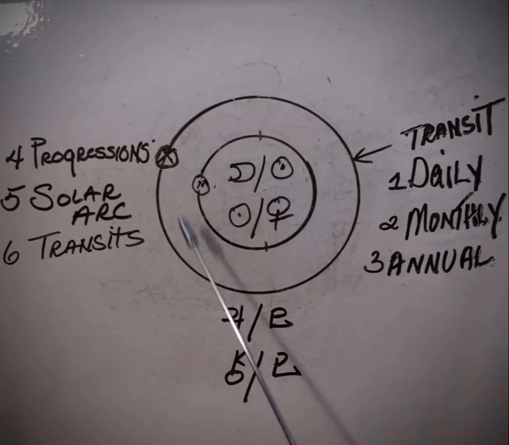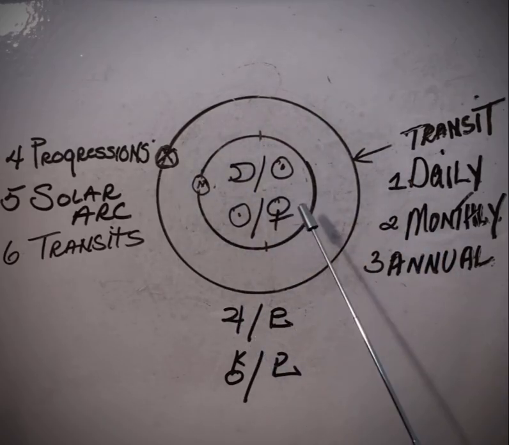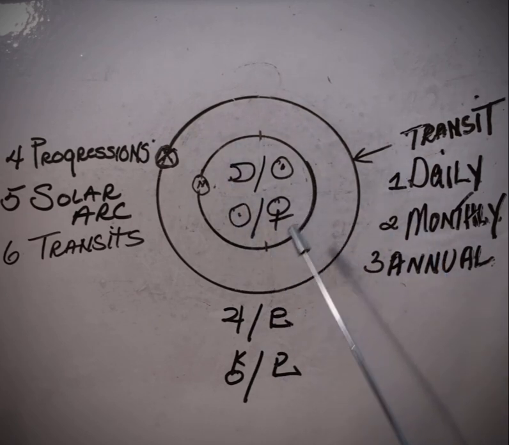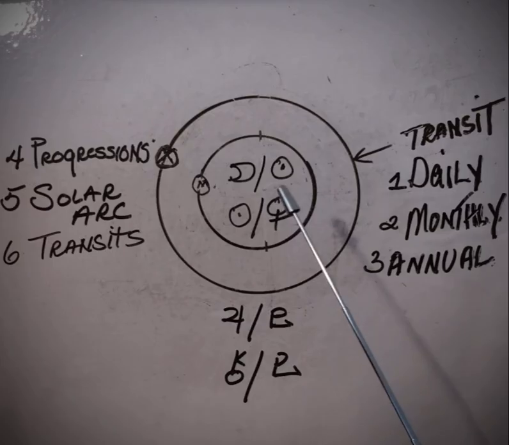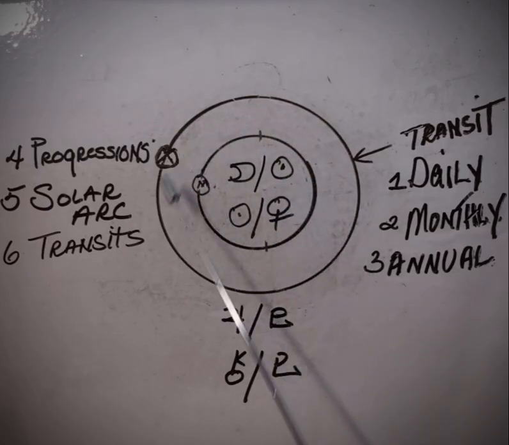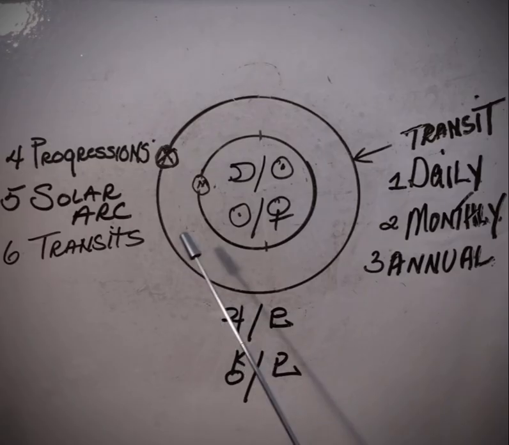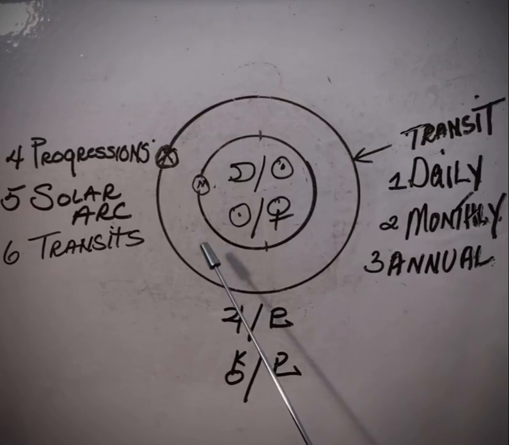There is also the 360 dial, which everybody is used to, the natal chart, in which everything is laid out in the full 360 degrees of the zodiac, with the planets and their stations. Pardon me for that.